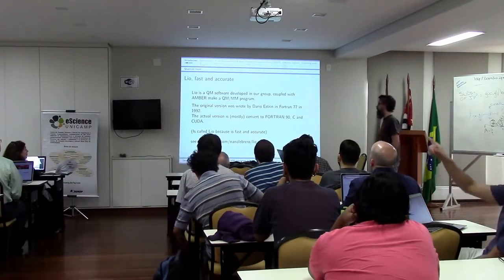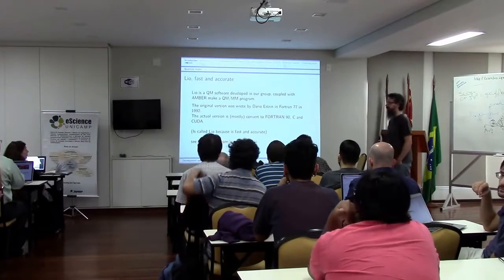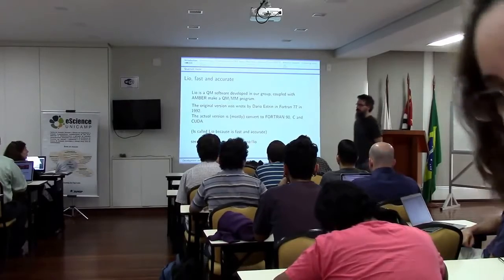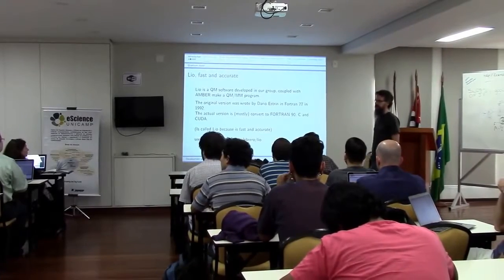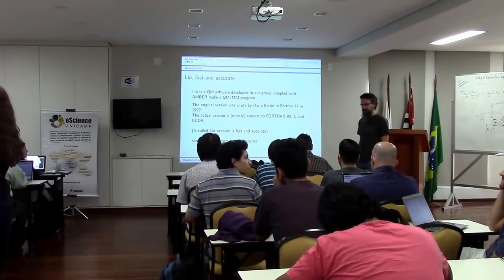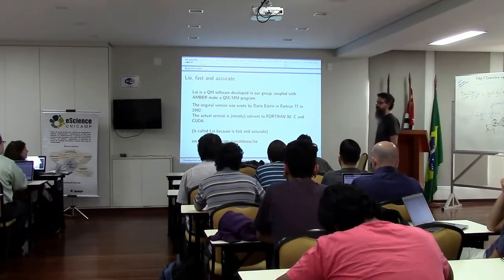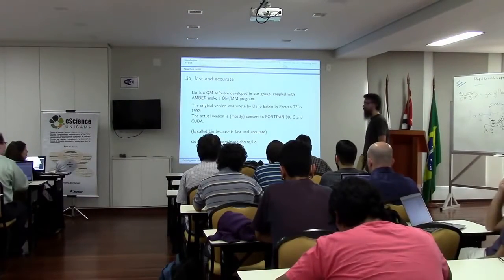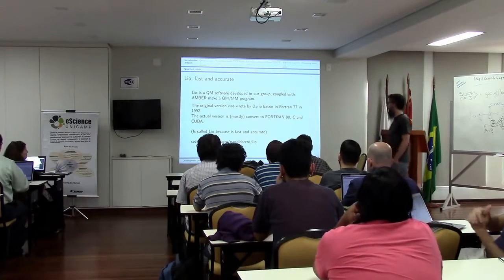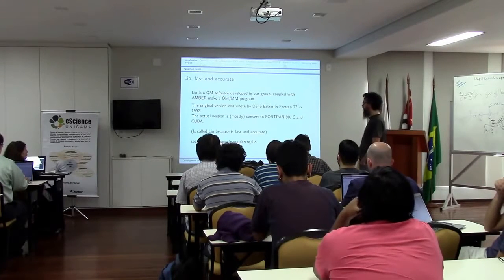The original version was written by Dario in Fortran 77 in 1992, and we have worked with this code the last 20 years, maybe more, and now with the collaboration of people in computational science, we converted it to Fortran 90 and CUDA to use video cards.